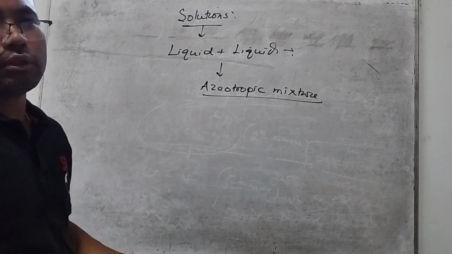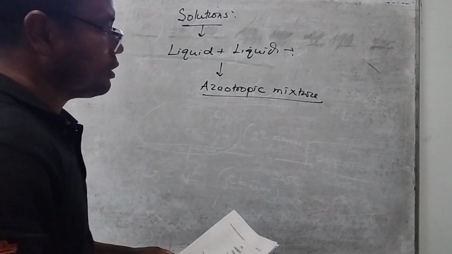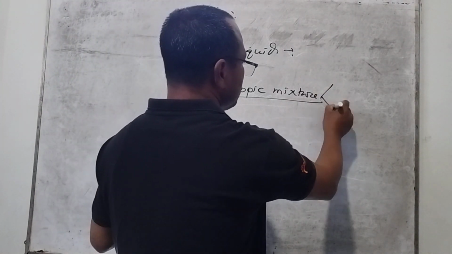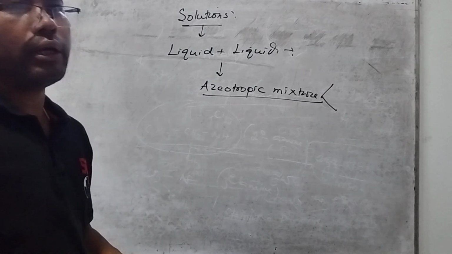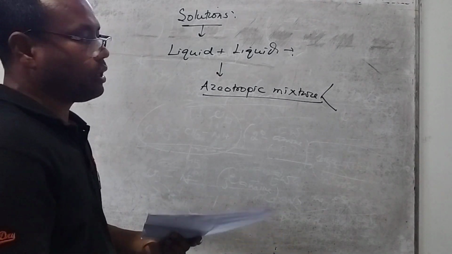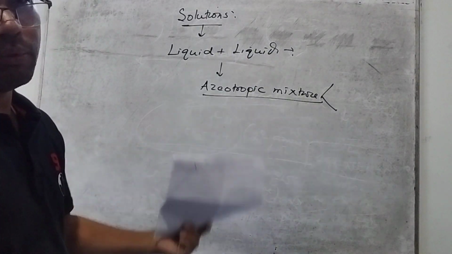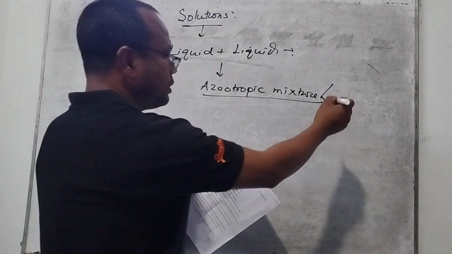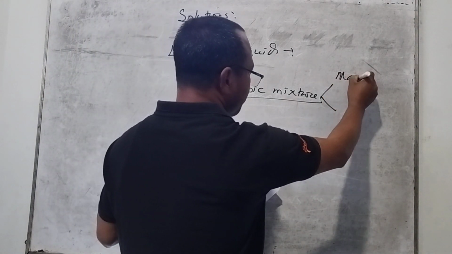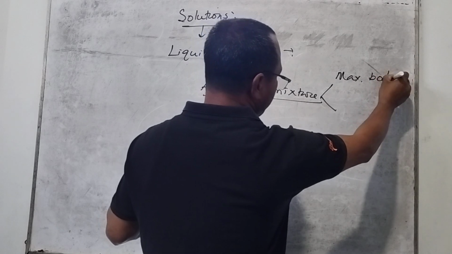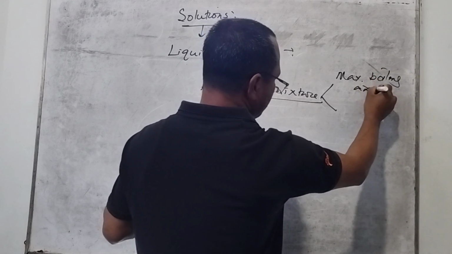So there are 2 different types of azeotropic mixture. One is where the mixture boils above the boiling point of one of the liquids, that we call maximum boiling azeotrope.